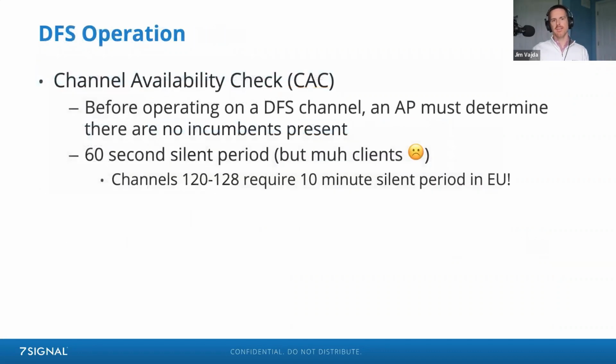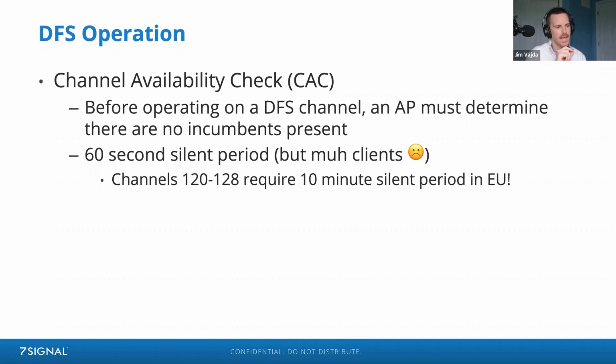Let's talk about how the protocol works. There's a couple of phases we go through. The first thing is the channel availability check, and that's something the access point has to do before it starts operating on the channel, and it involves a 60-second silent period most of the time.